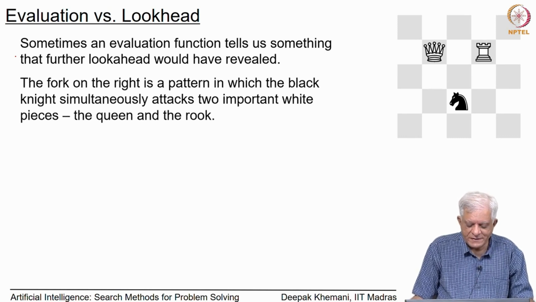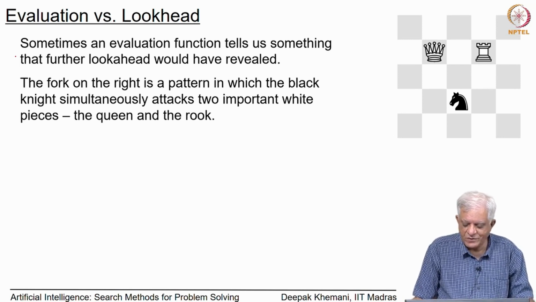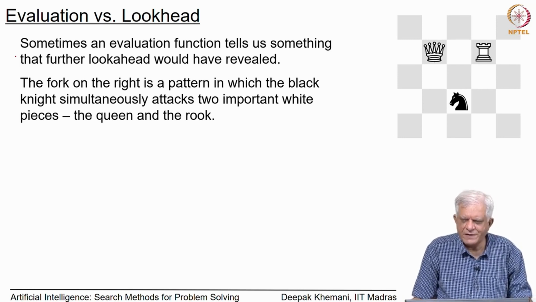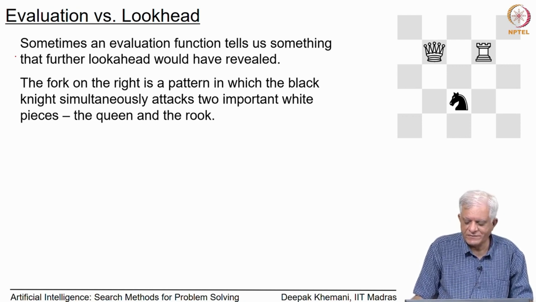So, in this pattern, as we said, the black knight is simultaneously attacking two white pieces, the queen and the rook. Now, if you remember, we briefly mentioned what the valuations of these pieces are. The queen was 9 points, the rook was 5 points, and the knight was only 3 points.